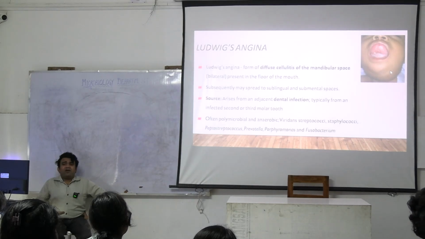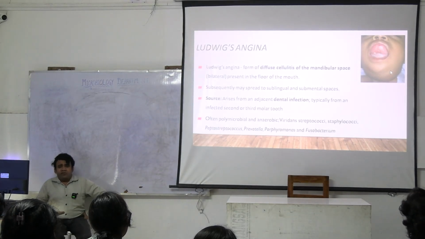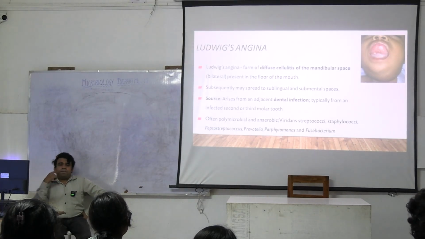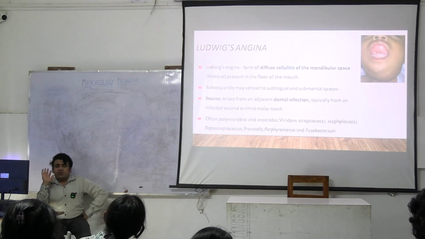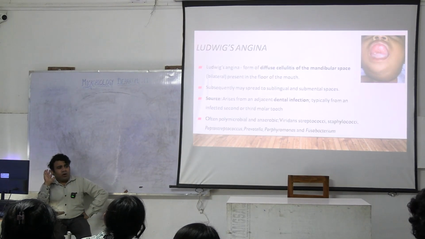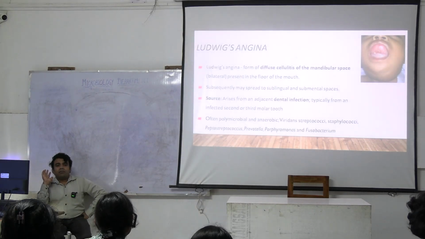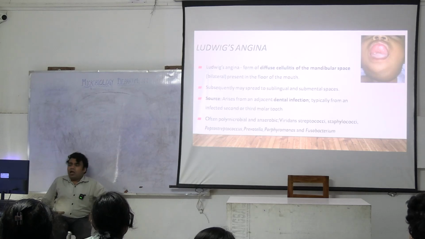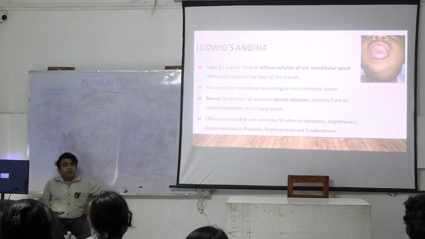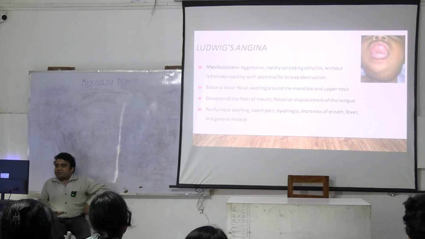So this kind of abscess generally results from dental infections. Most dental infections are caused by anaerobic organisms like Porphyromonas, Prevotella, Aggregatibacter. These are the common bacteria which cause dental infections.